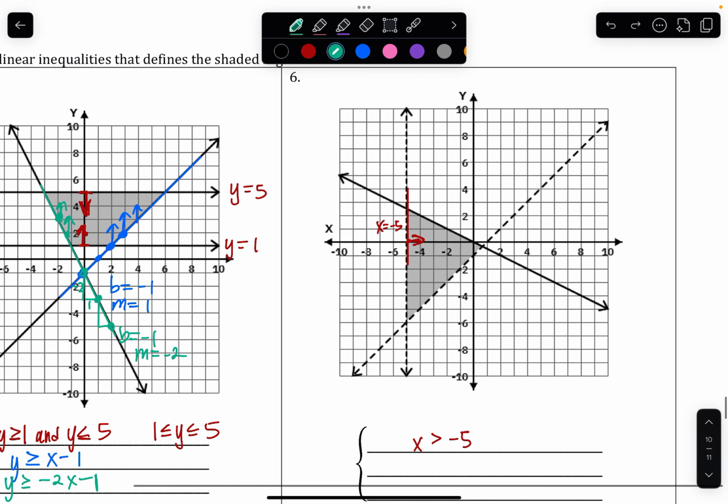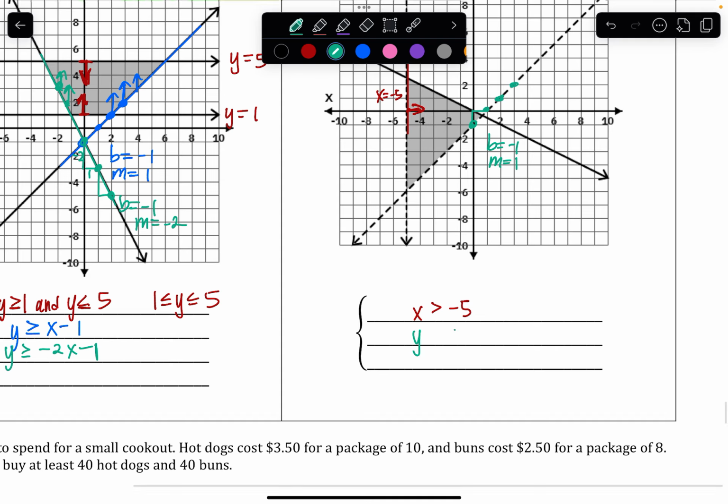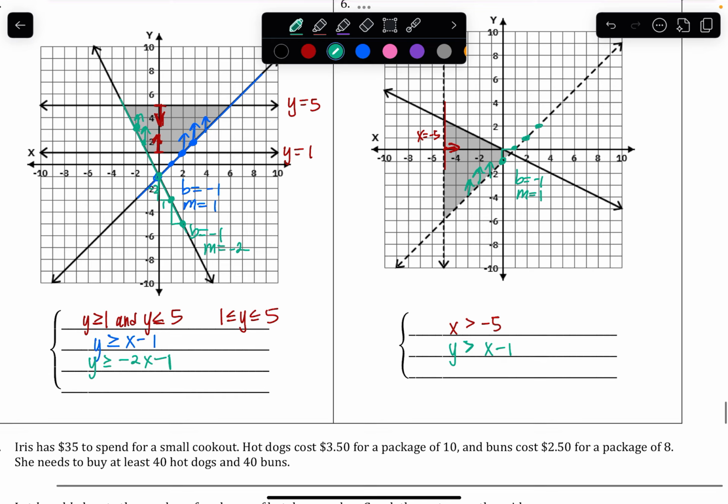Okay, let's do the other dotted line. He has a y-intercept of -1 and a slope of up 1 over 1. So 1, and so we have y, and then we know we're going to have x minus 1, and we are shading above the dotted line, so we have a greater than with no line underneath it.